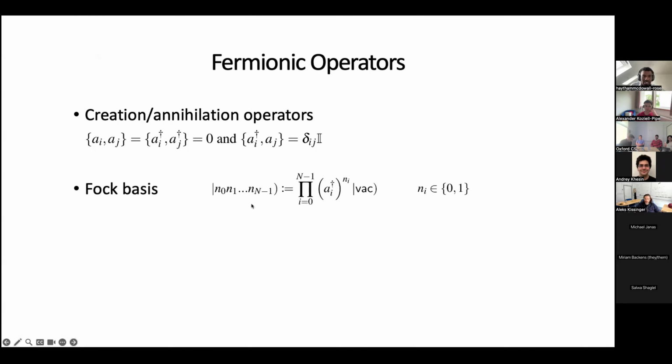The ith annihilation operator will lower that state from having a 1 in that ith position in the bit string to having a 0. And the creation operator will do the opposite. If you take a_i dagger and there's a 0 in position i in the bit string, the fermionic creation operator will create a particle there.